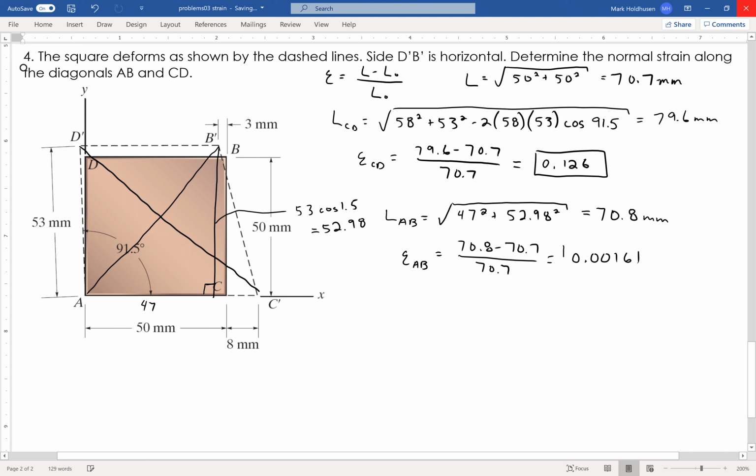So a lot of this is just geometry. Finding an initial length, finding a final length, subtracting them, dividing, it's pretty easy stuff. It's just drawing triangles, figuring out geometry to help figure out what the new elongation of everything is.